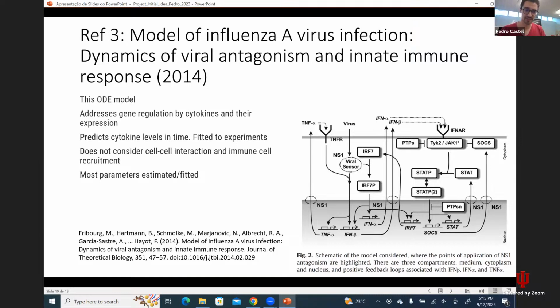So the parameters they used as input to the networks are either estimated from the literature, so they are not precise values, or fitted using the model and the experimental results. And they also don't consider cell-cell interaction and immune cell recruitment, so that would be a possibility for improvement.